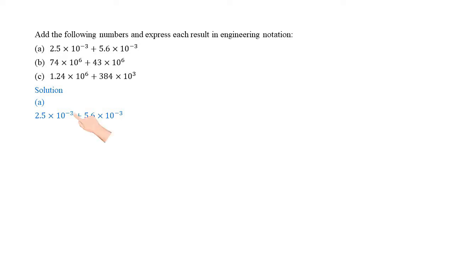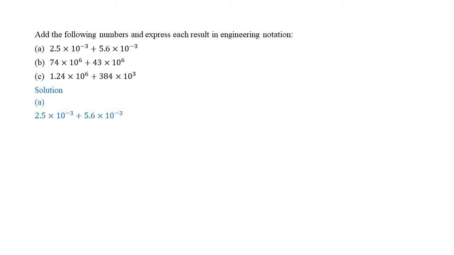For the first number, the exponent equals negative 3. The exponent for the second number is also negative 3. Since both numbers have the same exponent, that means we can simply add the two numbers directly.